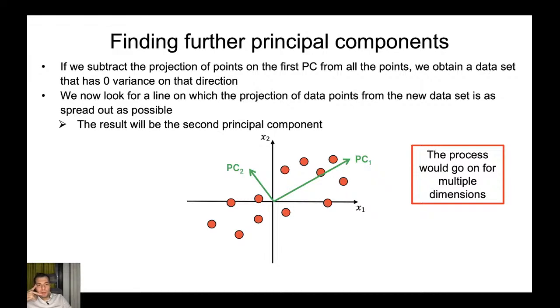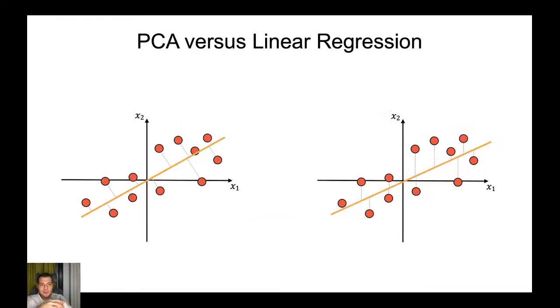As I said, the process would go on for multiple dimensions, and this process can be quite slow because we have to optimize the sum of distances from the data points to the line for every principal component.